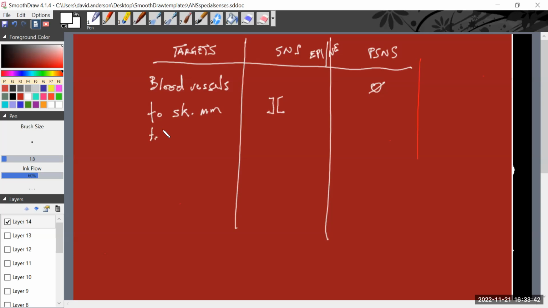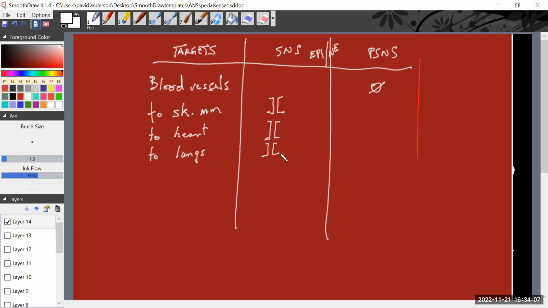If we talk about blood vessels that go to the heart, in fight or flight, do we want dilate or constrict? Dilate. Yeah, of course. And what about to the lungs? Dilate. Yep, so far, same answer, right?